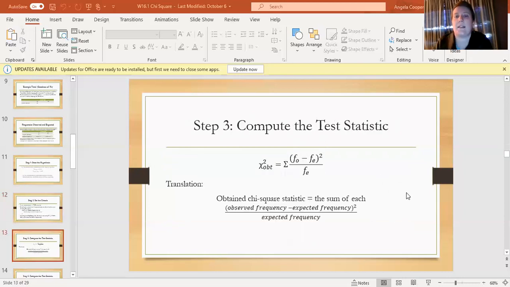So now we calculate the test statistic. That X-looking notation, X squared obtained, is actually the chi-square. The chi-square obtained value equals the sum of each of the observed frequencies minus the expected frequency, squared, divided by the expected frequency.